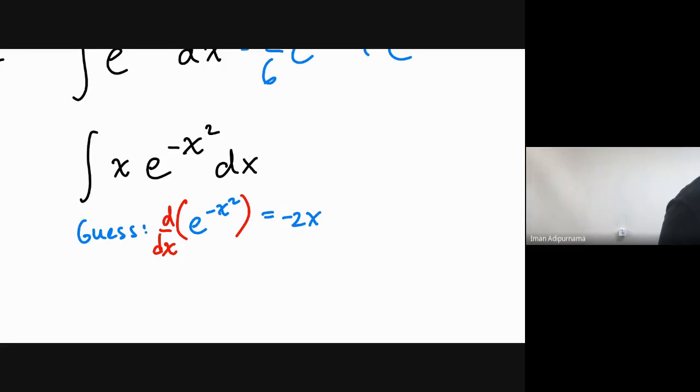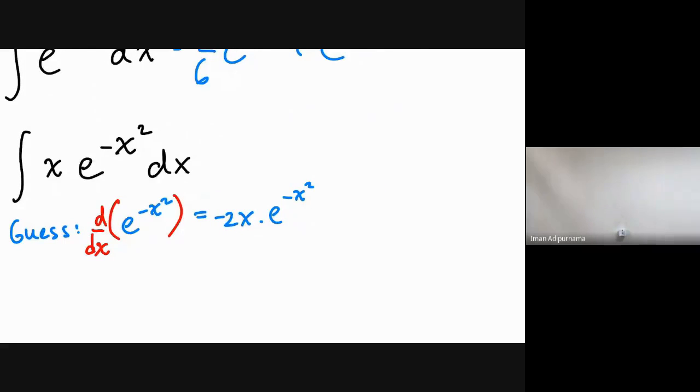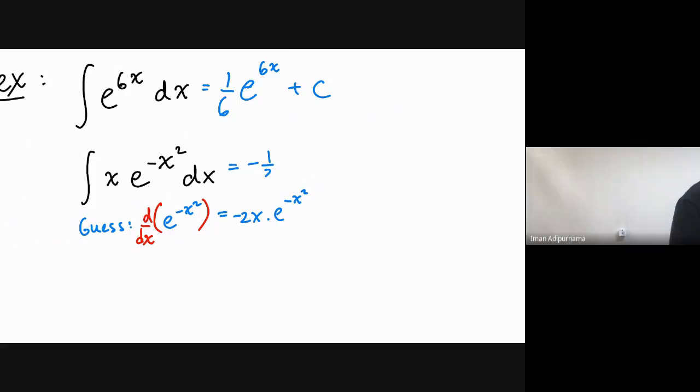It will be negative 2x and e, right? It makes the same form, except it has negative 2. So the answer will be negative half e to the negative x squared plus c.